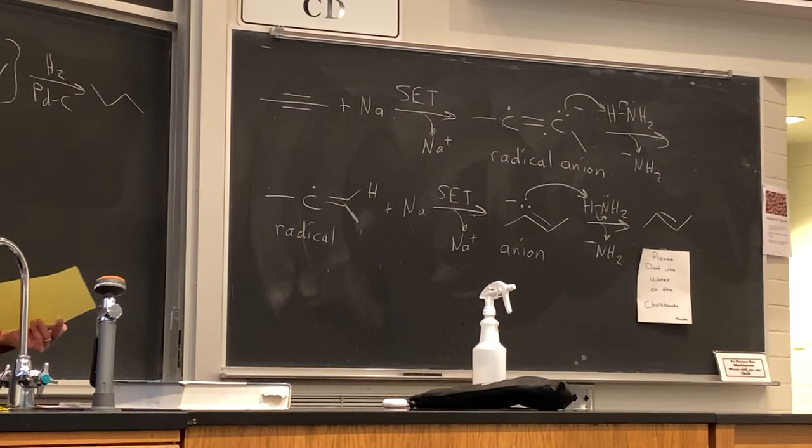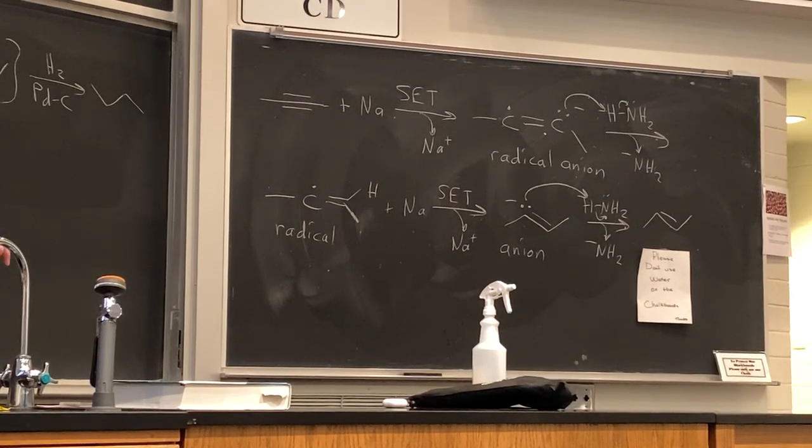When you have a vinyl anion or a lone pair on an sp2 carbon, its position can move. So you can equilibrate between the isomers. So when you transfer an electron here, you have a rapid equilibration between the cis and the trans anions. And of course, the trans is more stable, so it equilibrates to give the trans, and then the trans gets protonated by the ammonia. And that's how we end up with a transalkene.